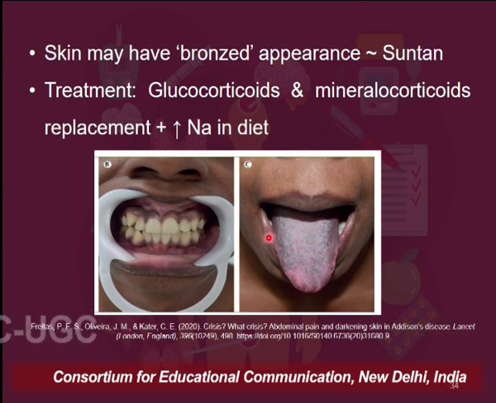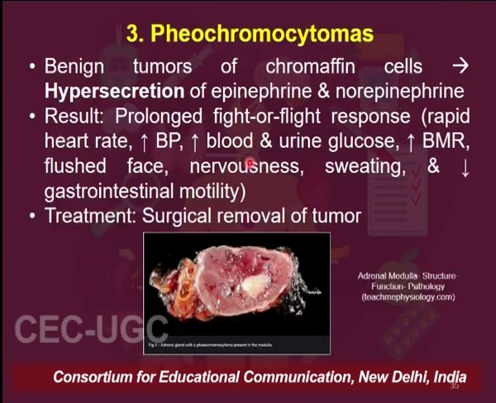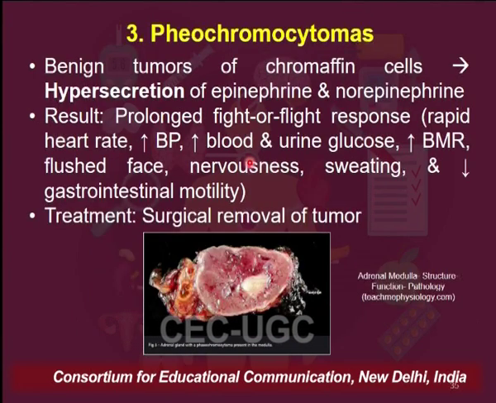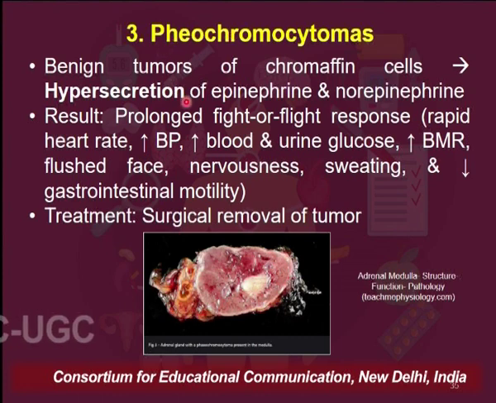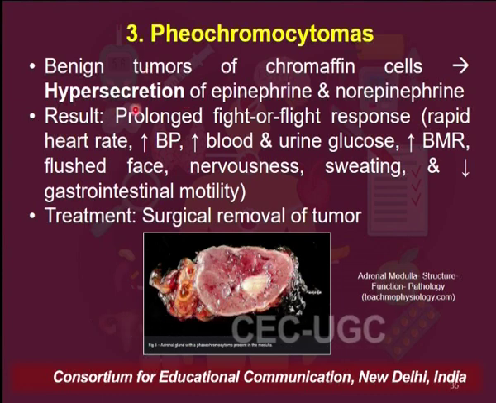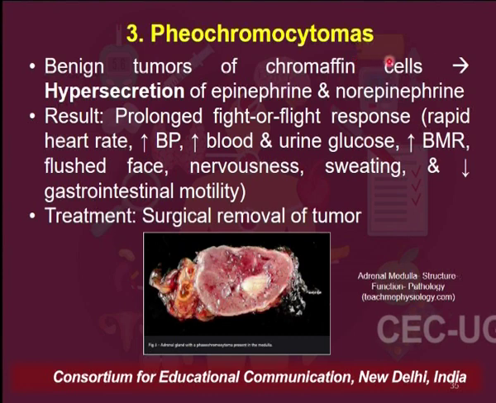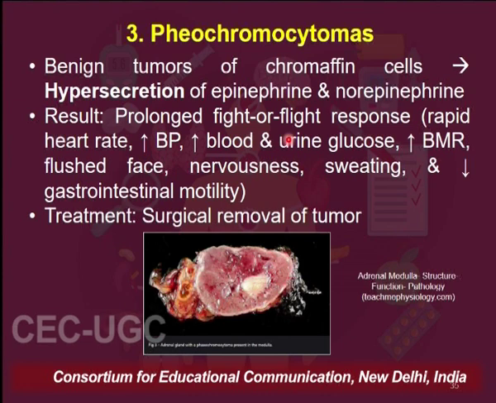So, how can this be treated? By replacing the glucocorticoids and mineralocorticoids, and by increasing the amount of sodium in the diet. Then comes the tumor state of chromaffin cells, referred to as pheochromocytomas. These are actually benign tumors of chromaffin cells, which lead to the hypersecretion of epinephrine and norepinephrine, because of which there will be prolonged fight and flight responses.